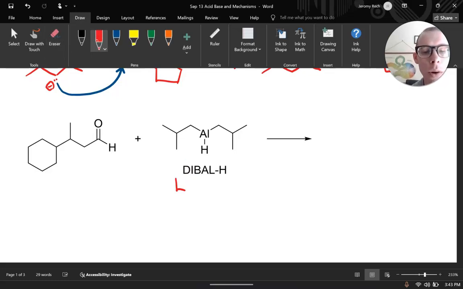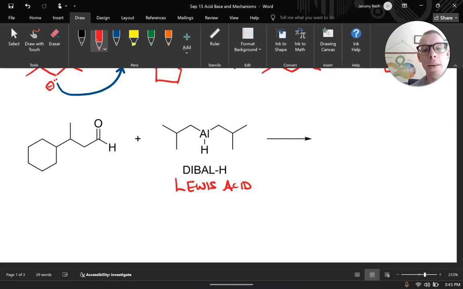We will talk about this in Orgo 2, when we do some discussions of oxidation and reduction reactions. This is really good at reducing aldehydes down to alcohols, and I'll show a specific example of that right after we walk through this.